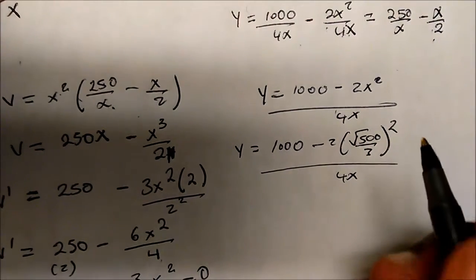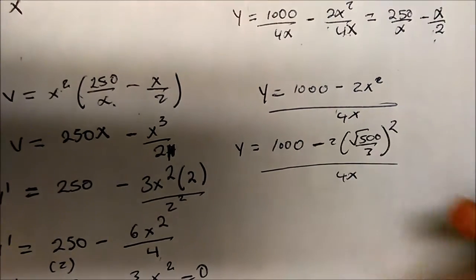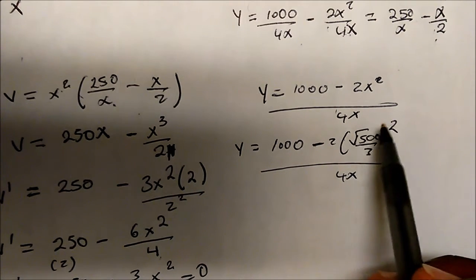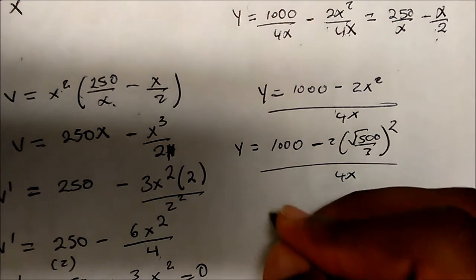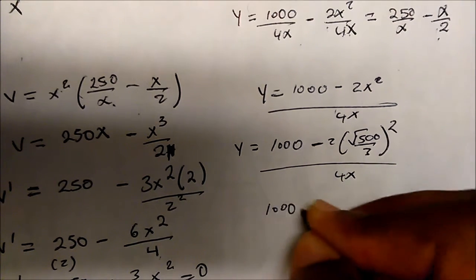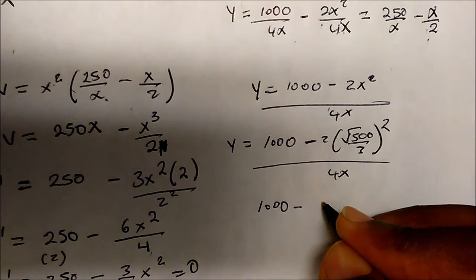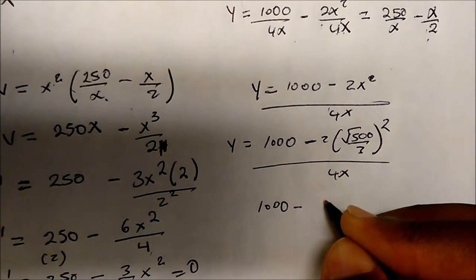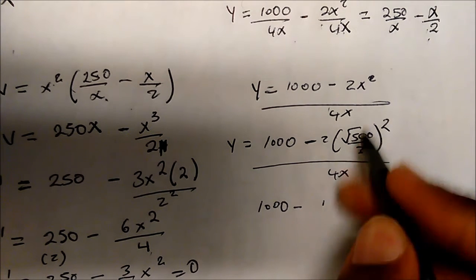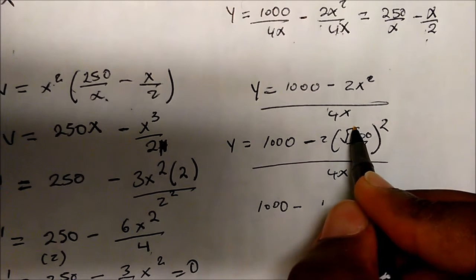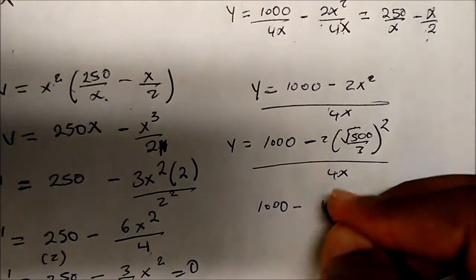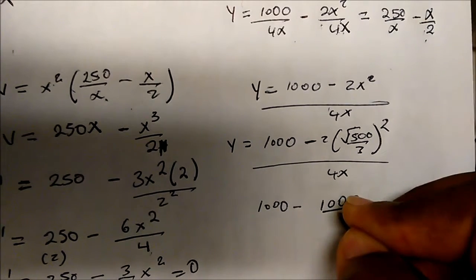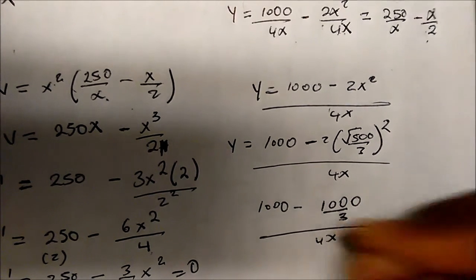Well, again, all I'm doing here is getting rid of my square root. So really what I have is 1000 minus 2 times the square. The square will get rid of the square root. Right, so this will be 2 times 500, which will be 1000 over 3, all divided by 4x.